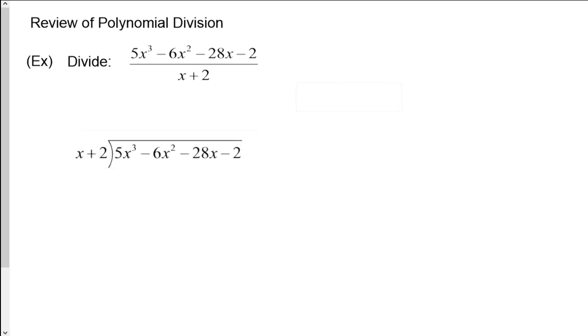If we're using polynomial division, we use a process that's similar to long division. Let's say, for instance, you have 12 divided by 5. In long division, you'd put the 5 outside, the 12 on the inside, and you know what to do here.